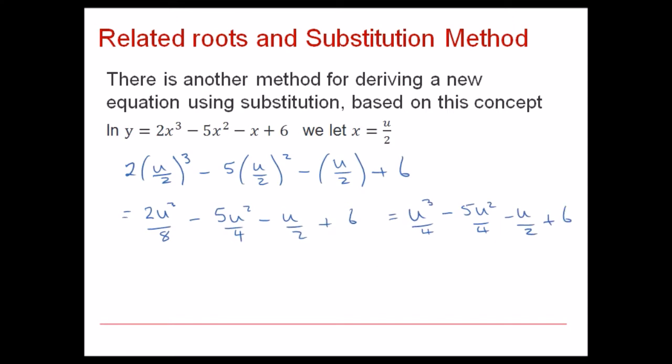If we then prefer the coefficient of x cubed to be 1, we could multiply through by 4 to get an equation u cubed minus 5u squared minus 2u plus 24.